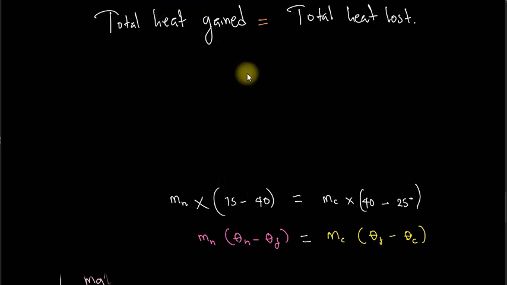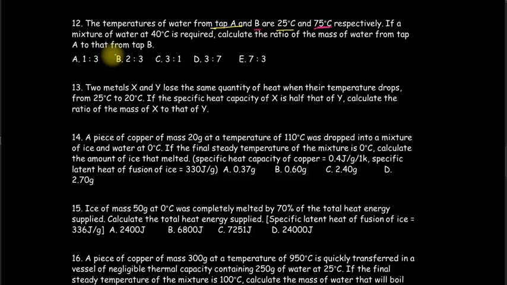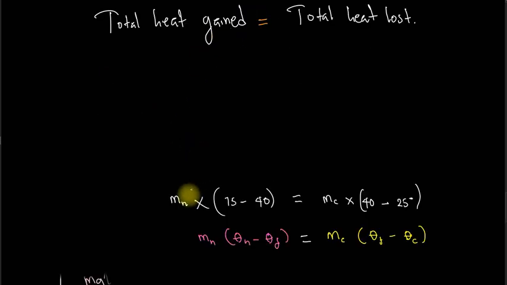So the ratio of tap A to that from tap B. I'm looking for the ratio of cold to hot because tap A is cold. So to find that, we have to divide both sides by mh, or let's just simplify first.